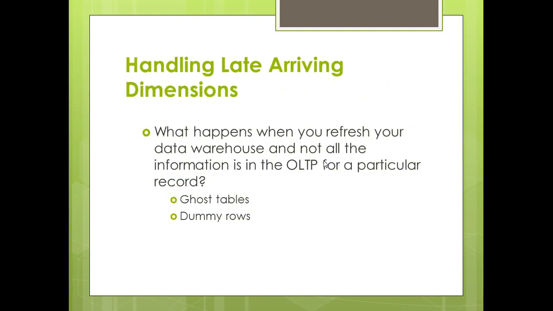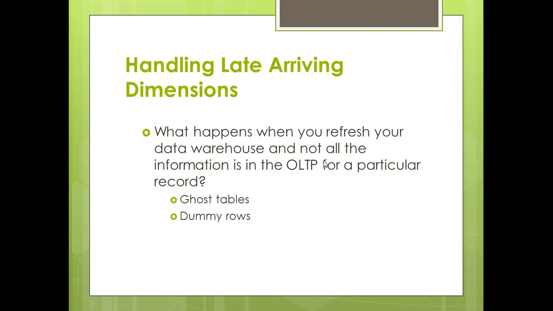And often you're going to have late arriving dimensions. When information is taken from the OLTP to the OLAP, what usually happens is that the dimensions are loaded before the fact table, just because of the logical foreign key primary key relationships. But sometimes the dimensions won't arrive on time.